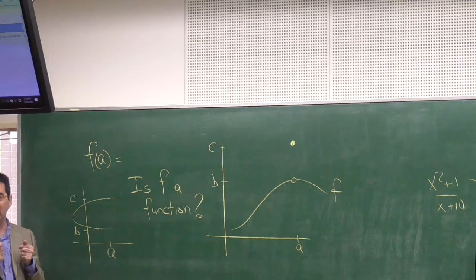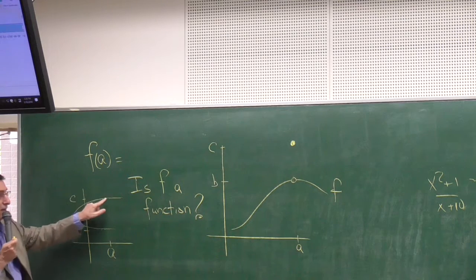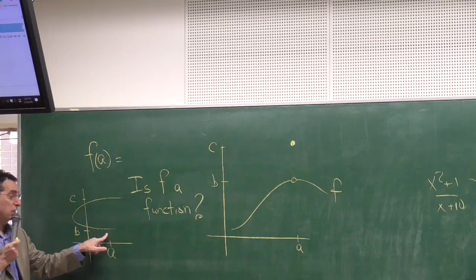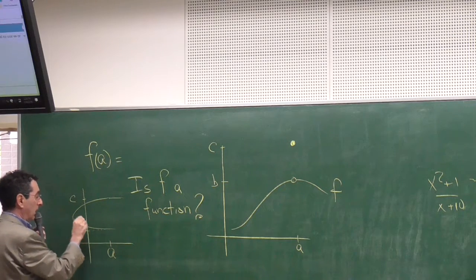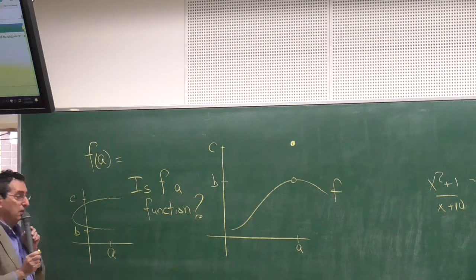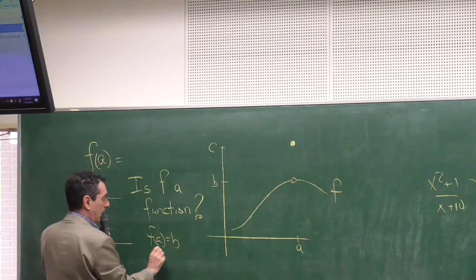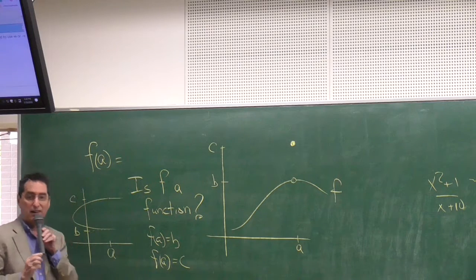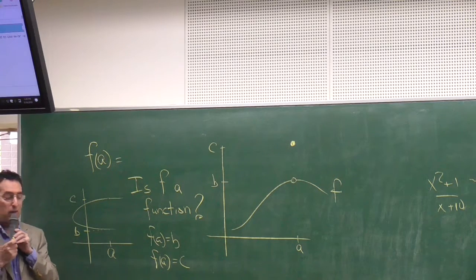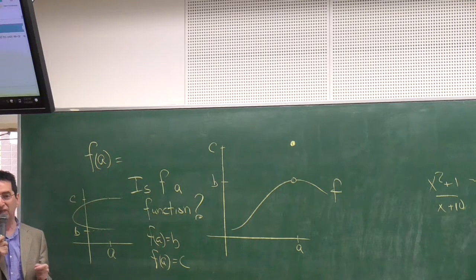What would you say is the height? Well, the problem is that there are two heights, right? The height is b, and the height is c. You'd say f of a equals b, and you'd also say f of a equals c, but we don't want to do that. So we don't call this a function because we don't want to have to say that.